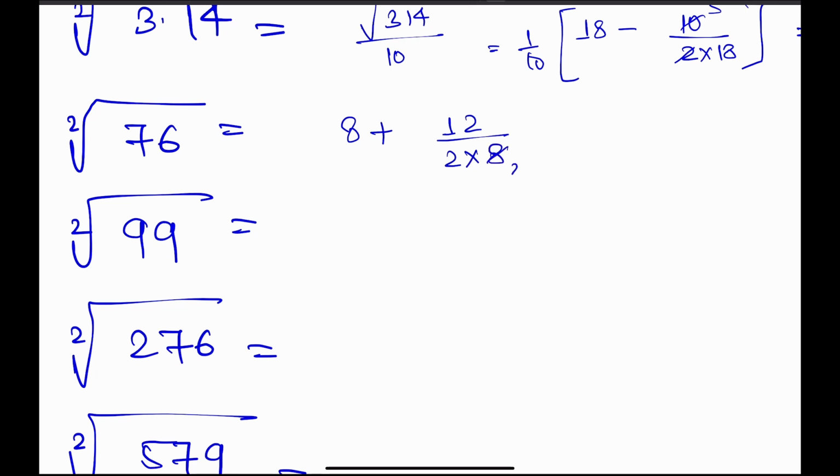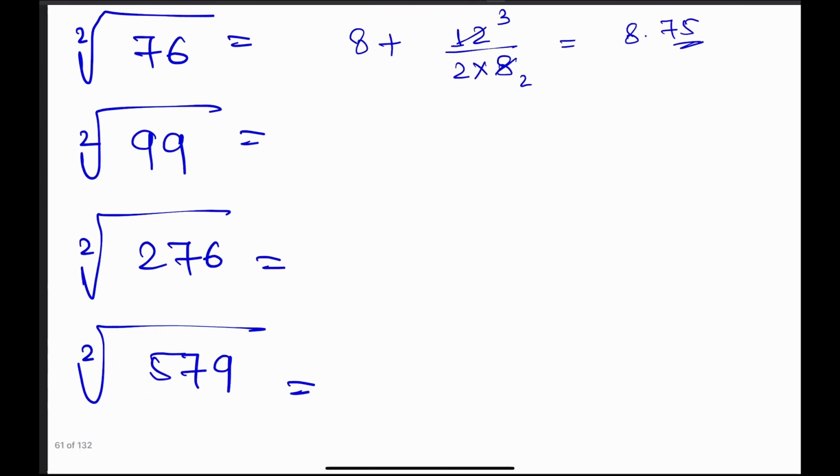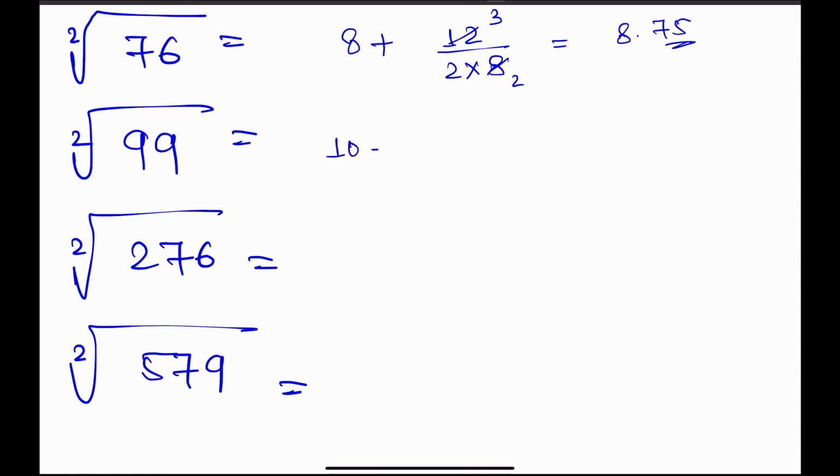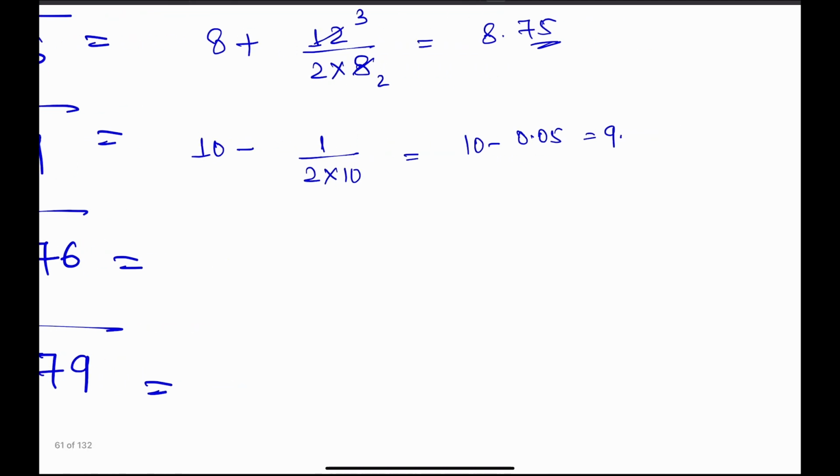So again 4 2 4 3, so 8 upon 1 by 4 is 0.25, so into 8.75. 99, so 100. 10 minus 1 by 2 into 10, so it will be 10 minus 0.5, 0.05, 9.95.